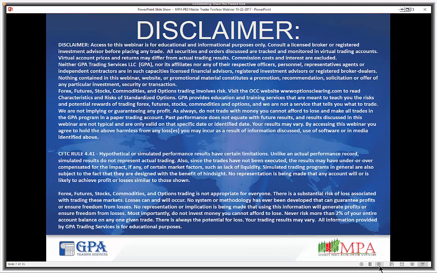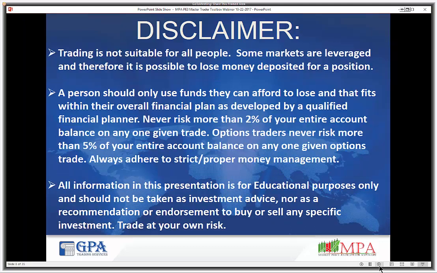Brief disclaimer. This is a common disclaimer everyone's seen many times before. I'm not going to sit here and read through it, but I will take a few moments to highlight a couple of things. Trading is not suitable for all people. Some markets are leveraged, and therefore it is possible to lose money deposited for a position. A person should only use funds that they can afford to lose and that fits within their overall financial plans as developed by a financial planner. Never risk more than 2% of your entire account balance on any one given trade.